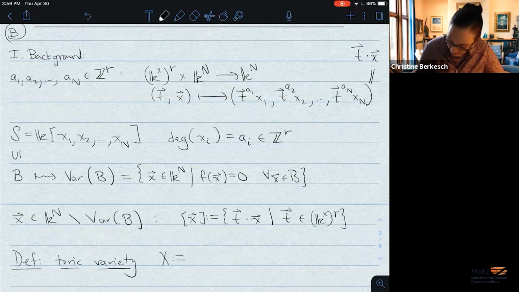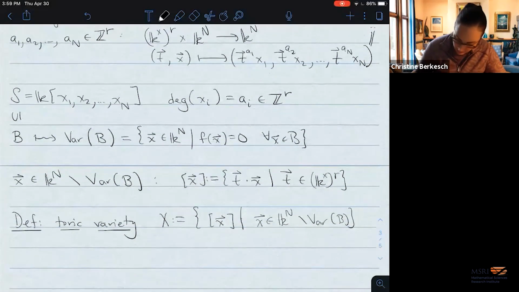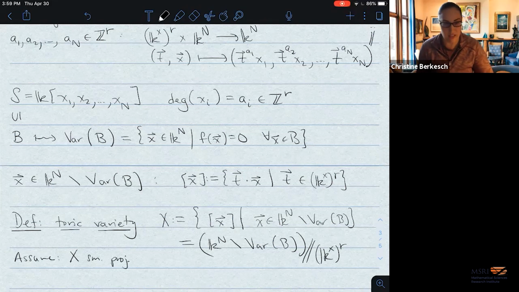So I have my X, which is these equivalence classes. So what I'm doing is I'm taking my k to capital N, removing B, and then I'm doing a good quotient by my r-dimensional torus. Okay, and I'm going to assume that I've chosen all my actions so that I end up with a smooth projective variety at the end.